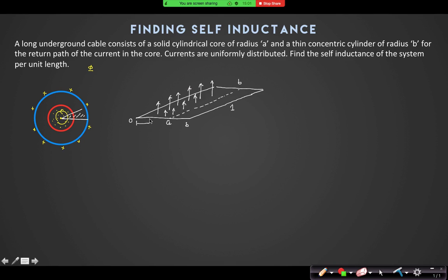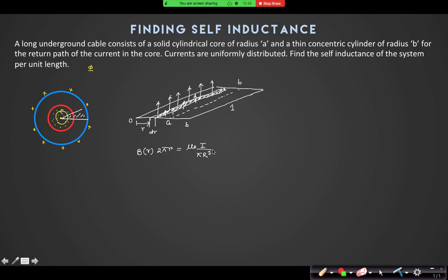So at a distance r, if I take a small strip of length dr, what is the magnetic field at a distance r? B_r into 2 pi r is equal to the enclosed current, mu naught into I divided by pi r square.